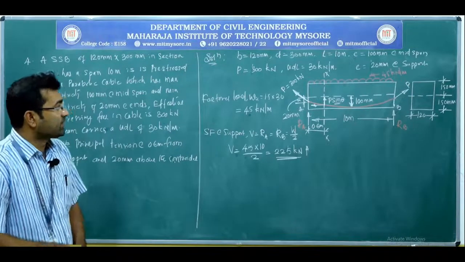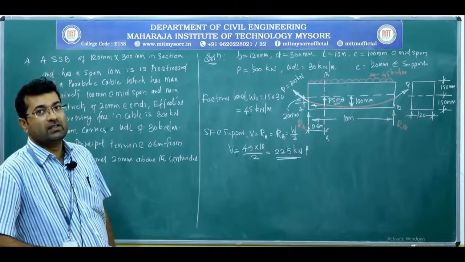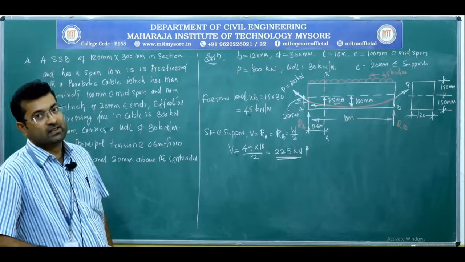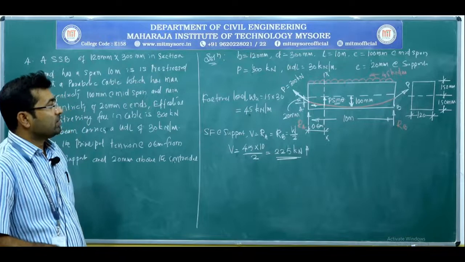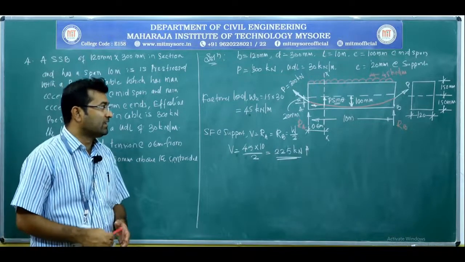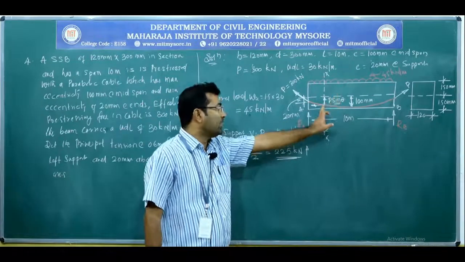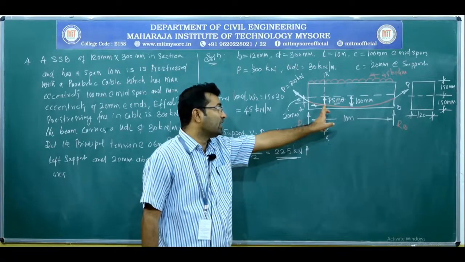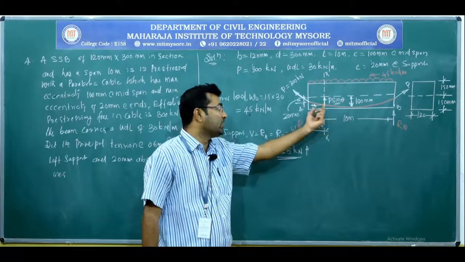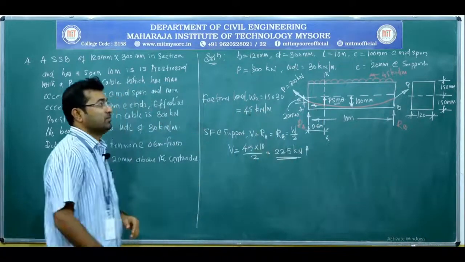But here we have to work out P sin theta, that is the inclination of the cable, not at the support. Here I need the inclination of the cable at this particular point. It is at a distance of 0.6 meter from the support.